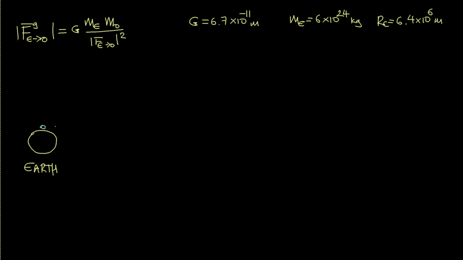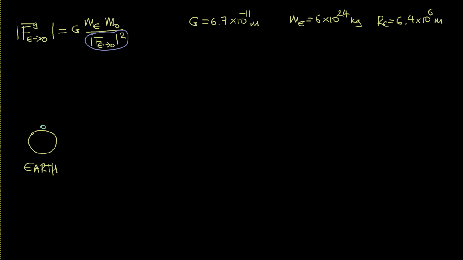Now, I will restrict myself in discussing problems where the object is not far away from the surface of the Earth, so it is very close to the ground. In that case, the distance between the two objects, so now I'm referring to this quantity, is not changing by much, whether you are on the ground or whether you're 5 meters from the ground or 10 meters from the ground or 100 meters from the ground.